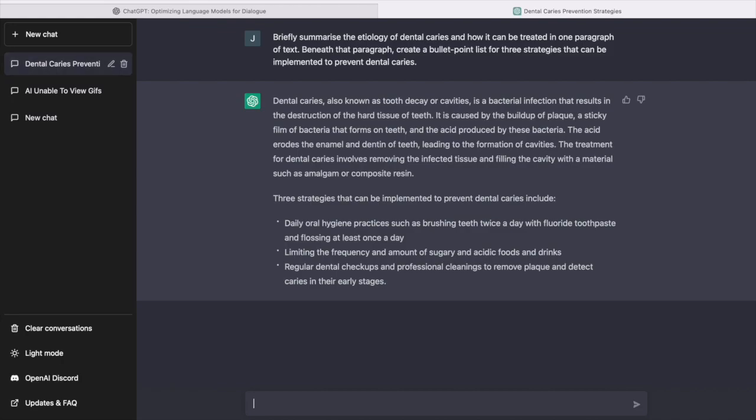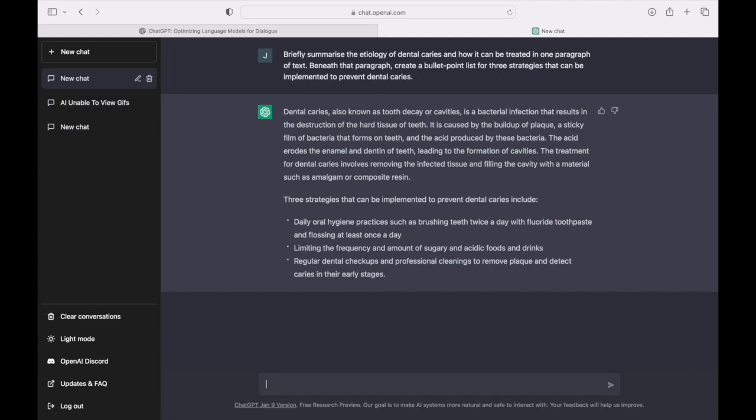3 strategies that can be implemented to prevent dental caries include daily oral hygiene practices, such as brushing teeth twice a day with fluoride. Ding, ding, ding. Mentions fluoride. Fantastic. Next point, limiting the frequency and amount of sugary and acidic foods and drinks. Yeah, that is the single most important strategy that anyone could implement.